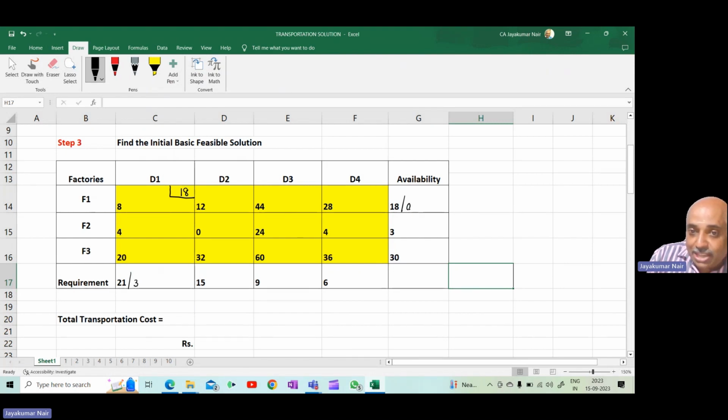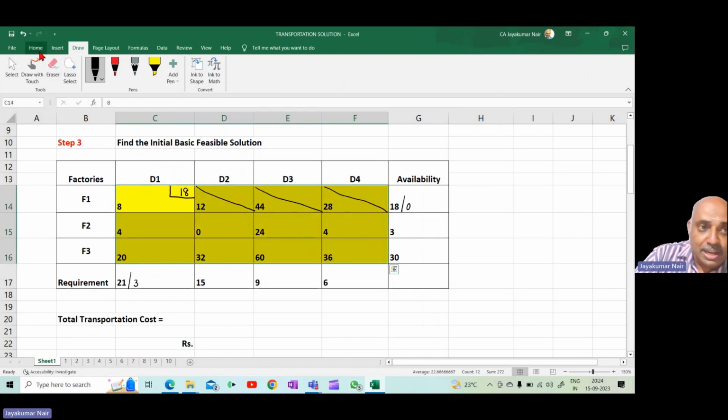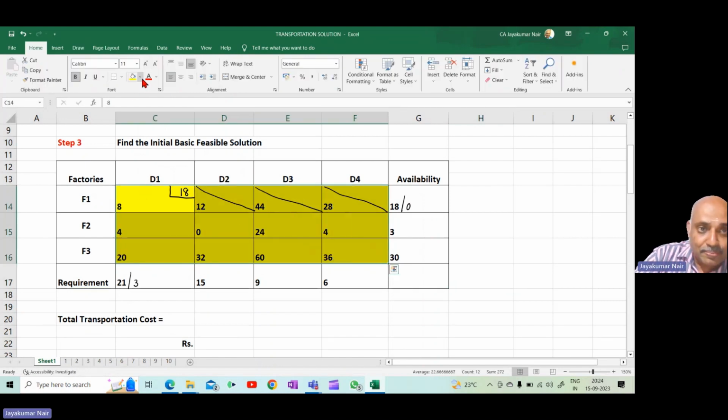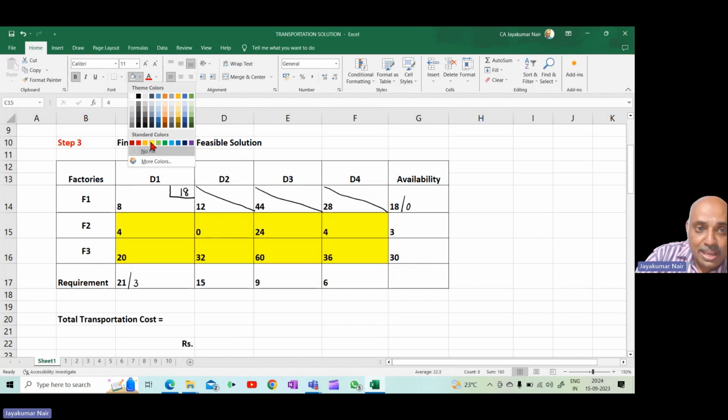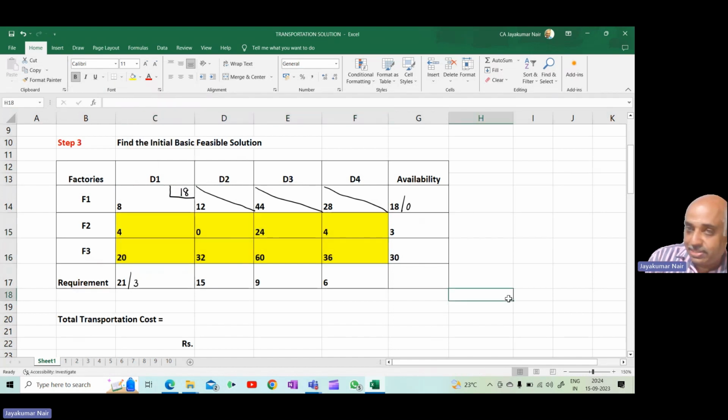The availability has become 0, therefore no more transportation is possible to any other destination because the availability has been exhausted. So you have to cancel out this particular row. Now you see which is the next matrix. It is only this, the cost matrix, because the first row is already allocated.